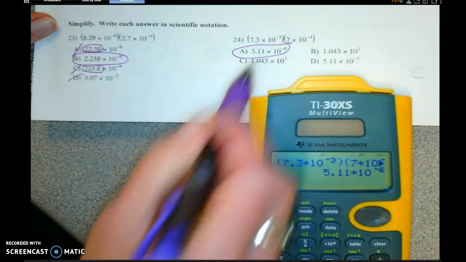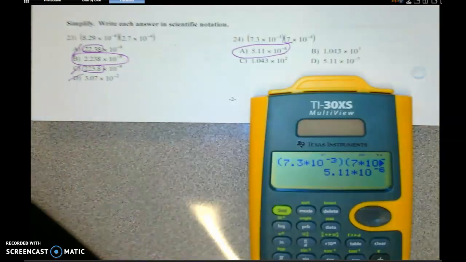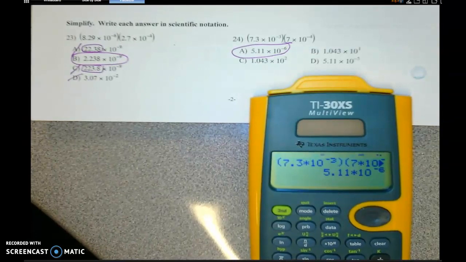That one's a little closer with our estimation, so that one is going to be one that is best to go ahead and enter in the problem to solve it. Okay, so that finishes our benchmark review.